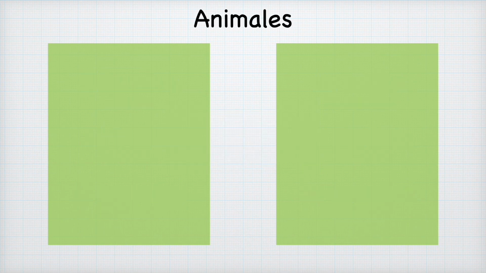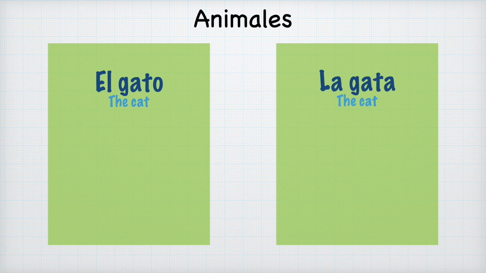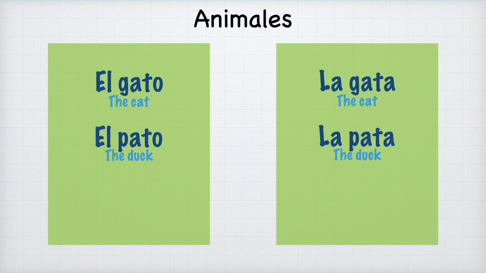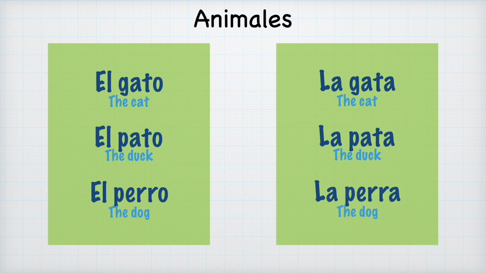For animals, animales, the gender usually determines the article used as well. For example, el gato for a male cat, and la gata for a female cat. The same thing with el pato, la pata, el perro, la perra.